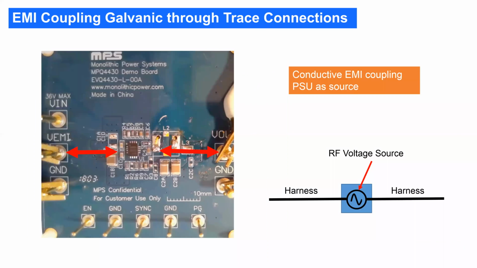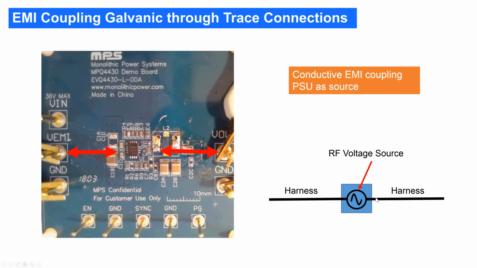Okay, there are several sources of EMI coupling into the universe. And typically one of the biggest problems is directly conductive, galvanic. So any voltage noise source you create with your switching regulator will transmit via the input and output cable, load cable and input cable, acting as antennas into the universe.